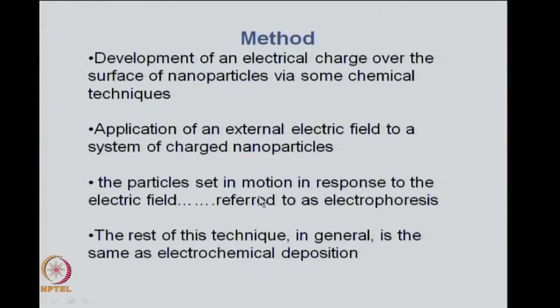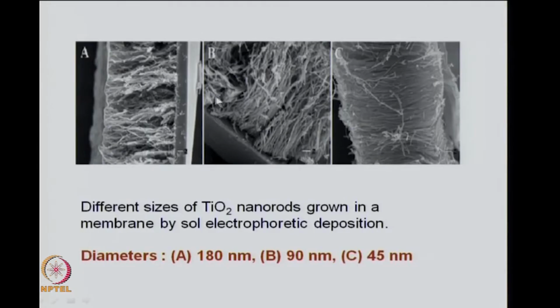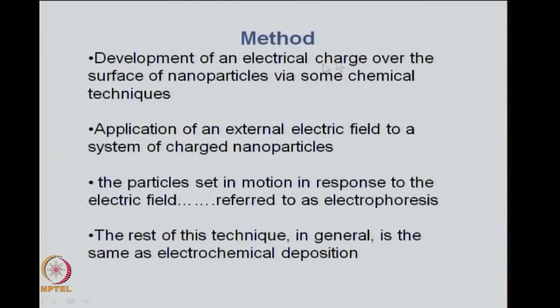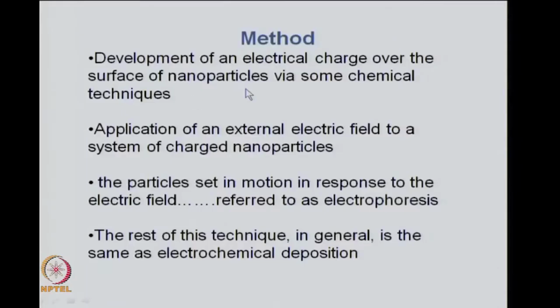So, the method is you generate a charge on the surface of the nanoparticles. The nanoparticles themselves may not be highly conducting, but you generate an electrical charge over the surface of the nanoparticles using some chemical techniques, and then you apply the electric field. So, the electric field has to be applied like in electrodeposition, but here first you generate a charge over the surface of the nanoparticles, since the nanoparticles themselves do not conduct electricity.